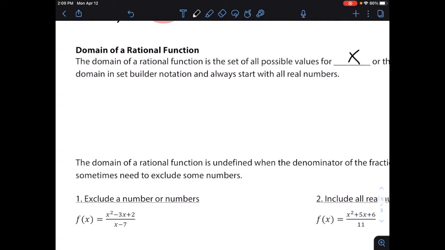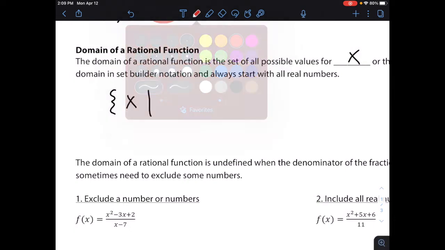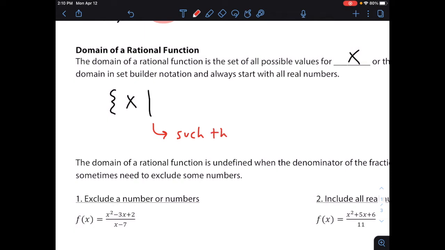Okay, so in set builder notation, we always start off by identifying the variable that we're dealing with. So we're dealing with the variable x, and then we have this symbol that we use, which is just a vertical line, and that vertical line means such that. So basically what we're saying is we're dealing with the variable x, such that, or we're defining what x needs to look like.